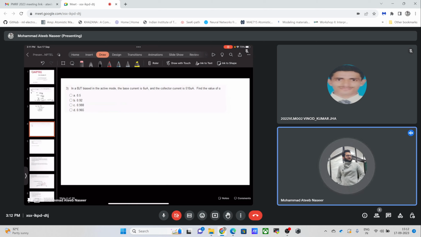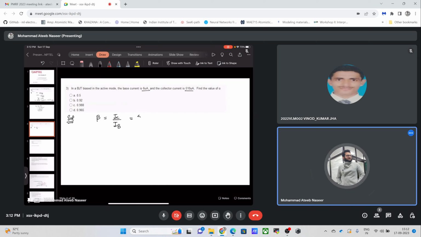It has been given that the base current is 6 microamperes and the collector current is 510 microamperes. Okay, we know that beta is simply the ratio of IC by IB, where IC is the collector current and IB is the base current.